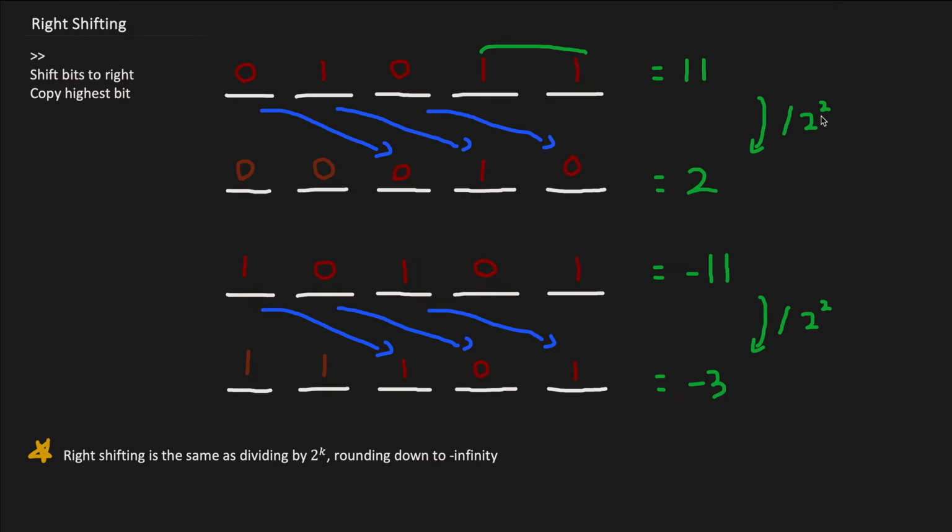So 11 divided by 4 would be 2.75, but you're rounding down, so it'd be 2. And similarly, for negative 11 in our second example, when we right shifted twice, we divided by 4, so that would be negative 2.75. But then you round down to negative infinity, so you round to negative 3.